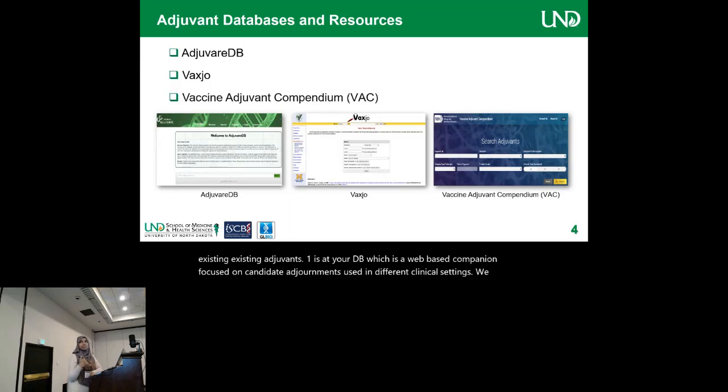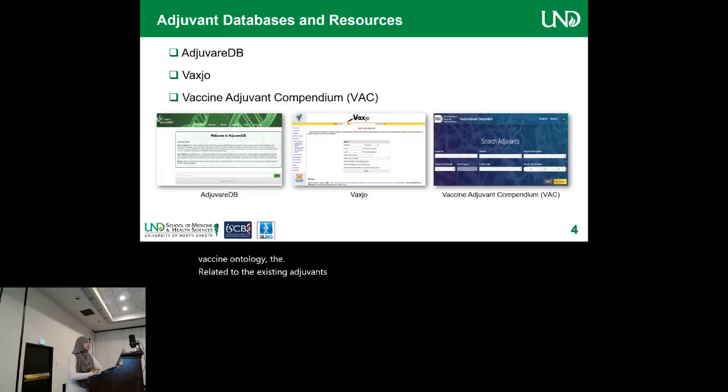We have VaxJo, which is not only a database but also an analysis tool, and we also have the Vaccine Adjuvant Compendium from NIH, which has the related clinical trials, the vaccine ontology, and the articles related to existing adjuvants.